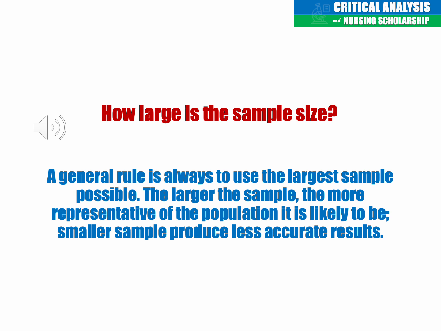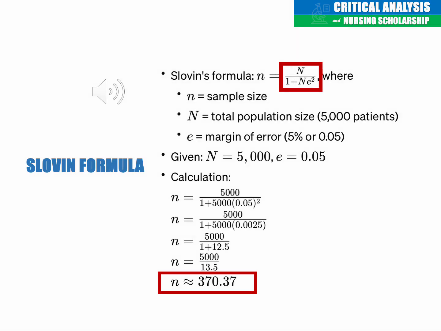And the larger the sample size, the more representative of the population it is likely to be. Smaller sample size produces less accurate results. And the good thing is, there are formulas, there are available tools that could help us researchers to identify the sample size of our research. And we're going to discuss that in the next few slides.